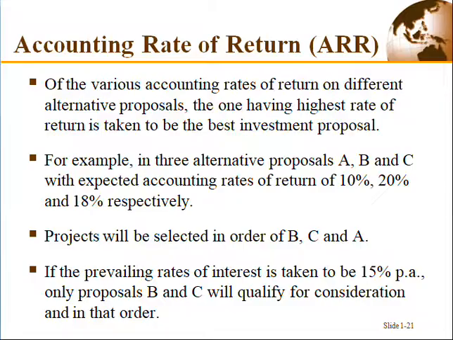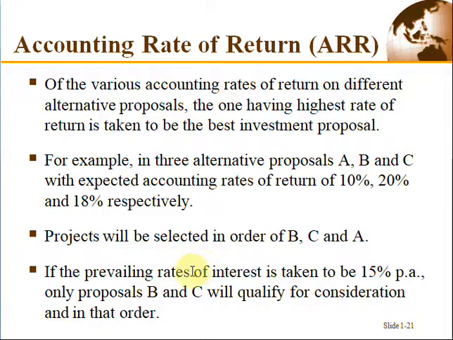If I invest in business B, I'm going to get a return of 20%. If I invest in business C, I'm going to get a return of 18%. Now, the preferred order for these businesses would be the one with the highest rate of return, which is B, followed by C, and then followed by A.